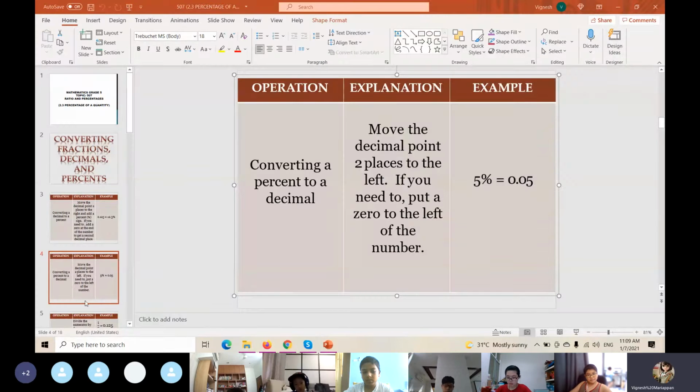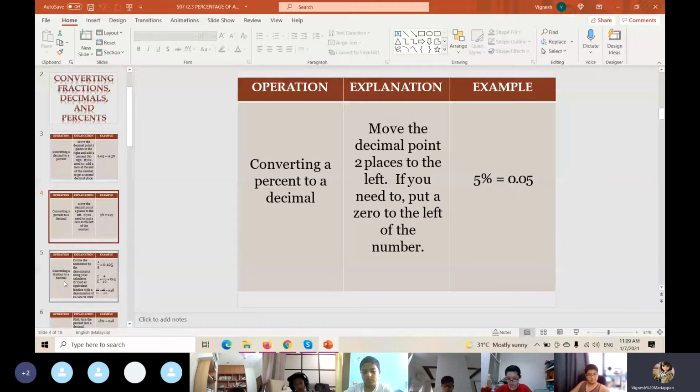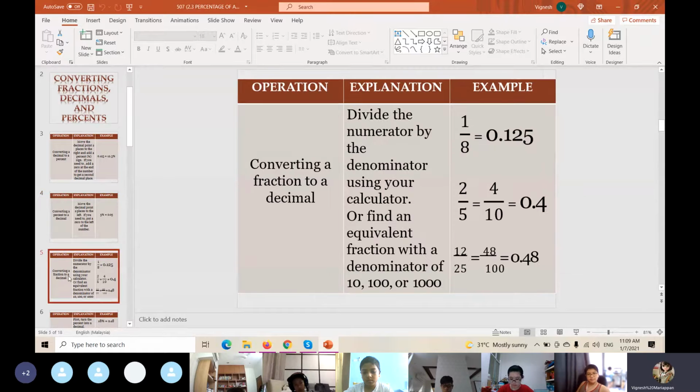So again, percentage to decimal, and then fraction to decimal. When the question is given as a fraction and you want to convert to a decimal, 1 is the numerator and 8 is the denominator.